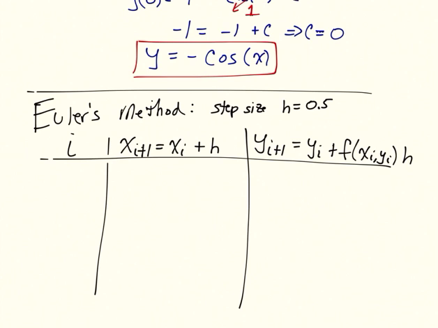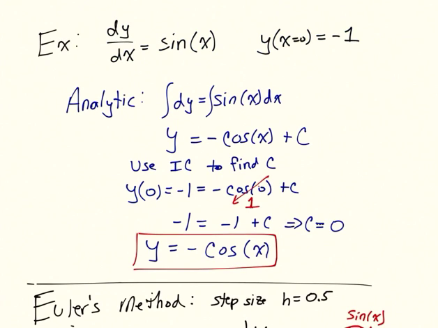And for this problem, f(x_i, y_i) is given by sin(x), because that is the right-hand side of our original differential equation. If I go back up, you'll see that in our original differential equation, sin(x) is our f. That's where f(x,y) comes from.